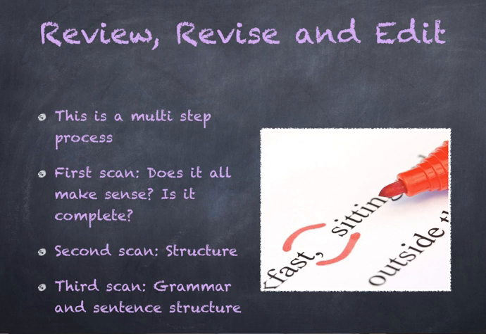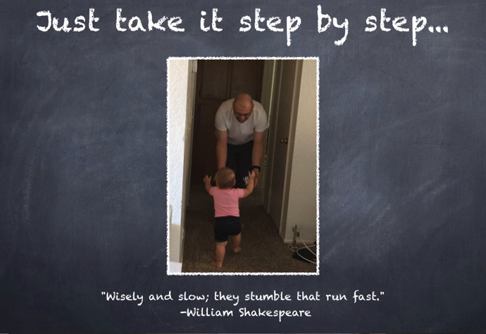Have I used punctuation properly? Is the grammar proper? Or is what I have to say clear on the sentence level as far as sentence structure goes? All those types of things, okay? But as mentioned, it is a process, so just take it step by step. You don't need to rush.